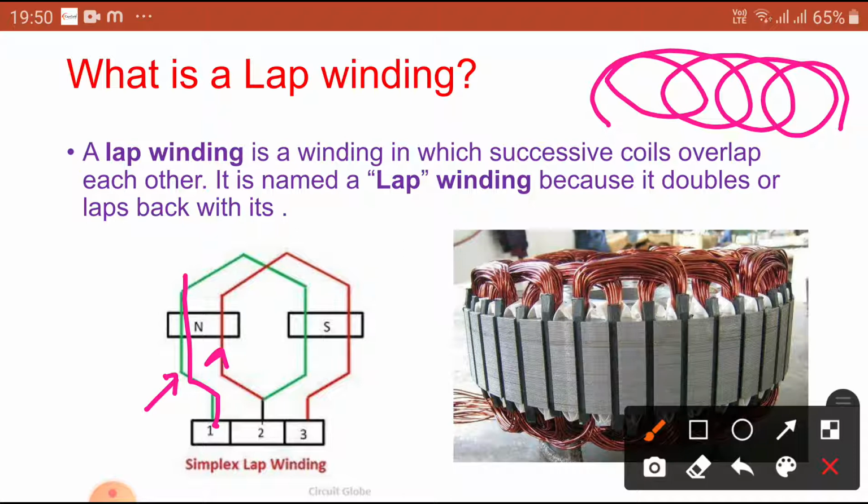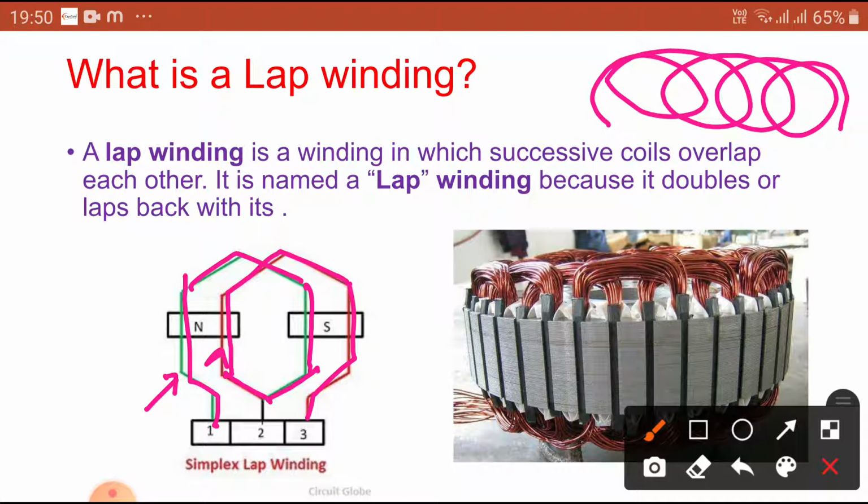From the back pitch, the other is placed near the south pole in the slot. Then it is connected to the second coil, the red coil, with the front pitch. The two coil sides are placed 180 degrees apart, that is one pole pitch. So that is a routine lap winding.